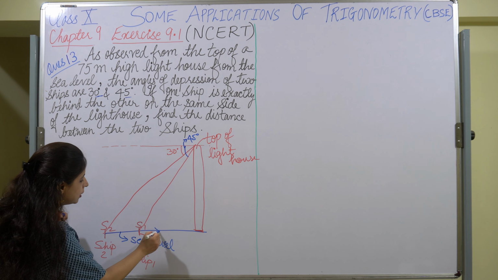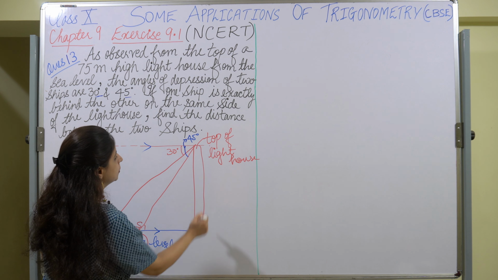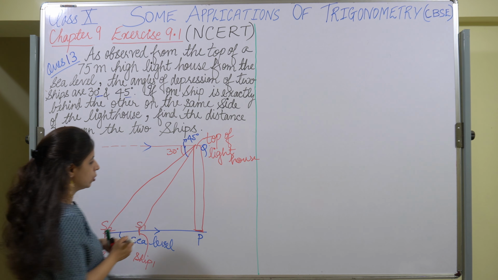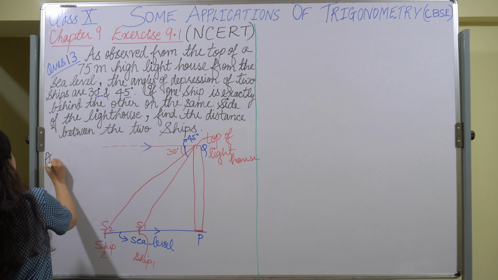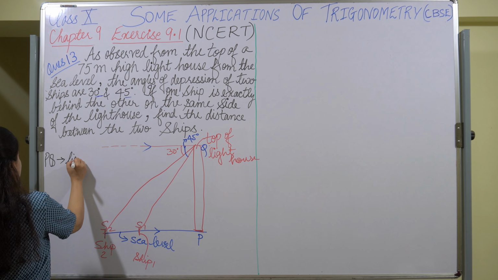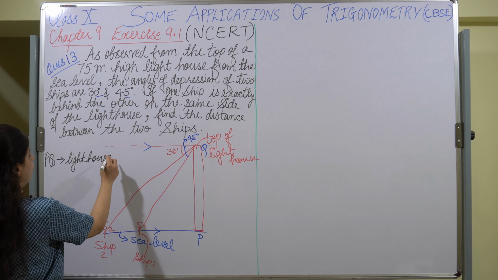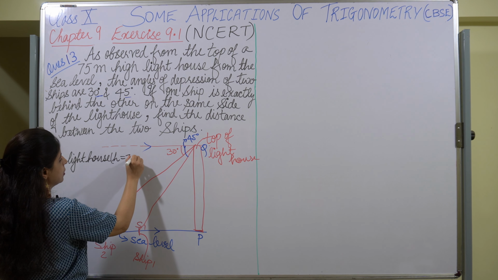Now these form parallel lines. Let us mark the lighthouse also. We can mark it as P and Q. So PQ is the lighthouse, having height equal to 75 meters.